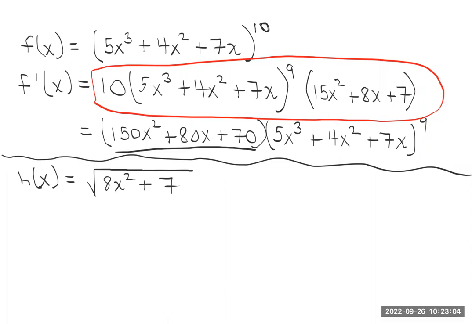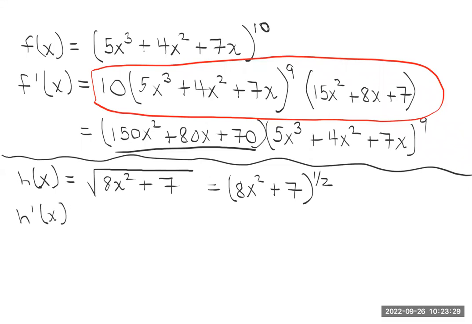And convert it to exponential form. So I'm looking at 8x squared plus 7 to the 1/2 power. Fractional exponents are the ones that take roots. Now, this is just like the other one.